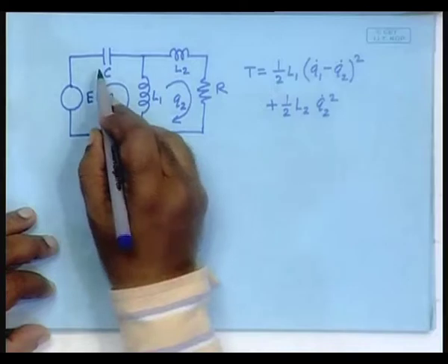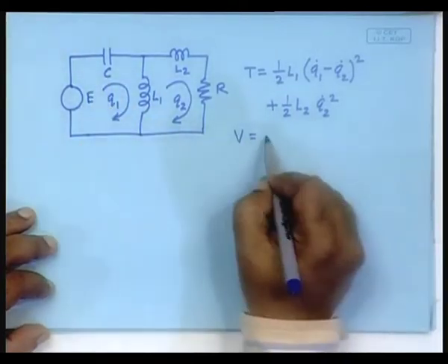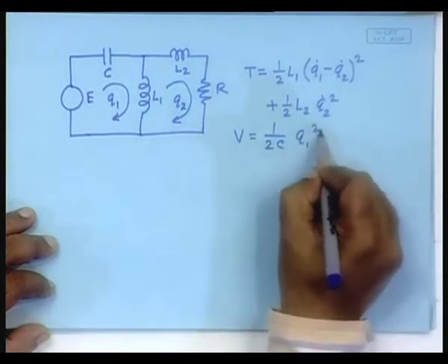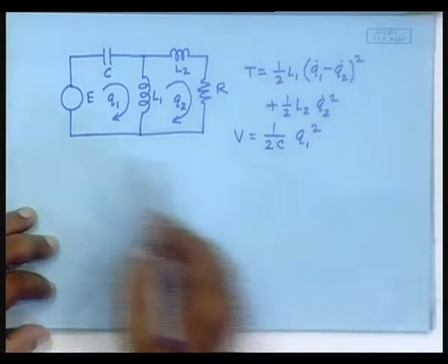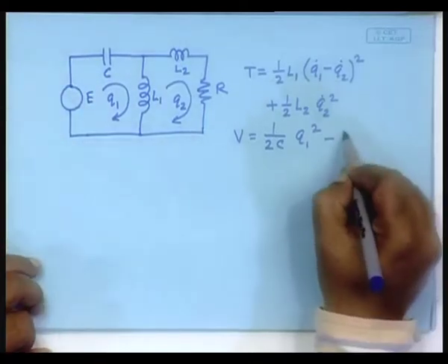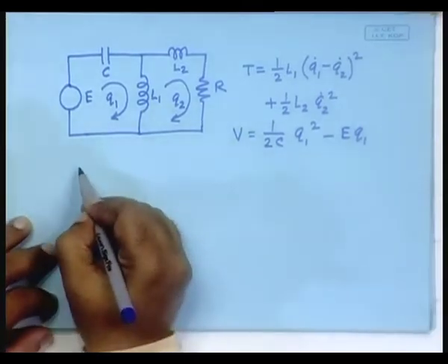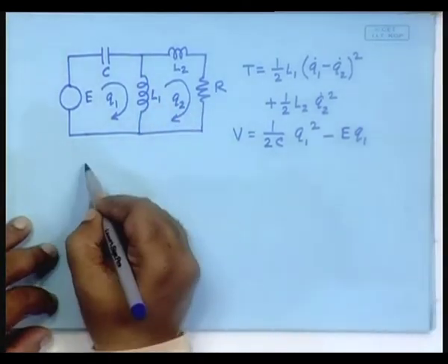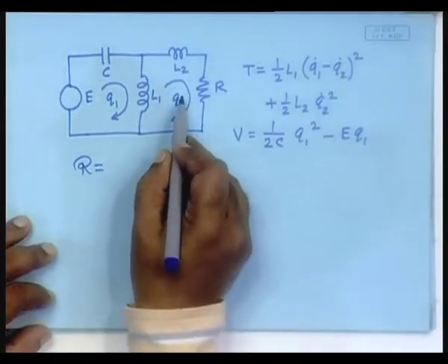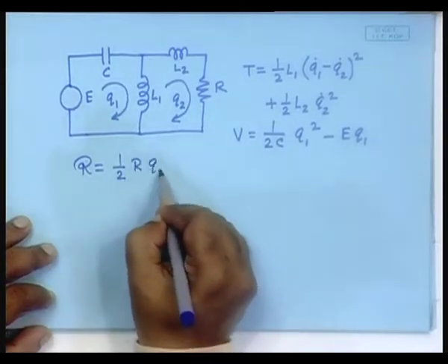The potential here V is 1 by twice C q 1 square. Also, due to this, it will be minus, since it is in the direction of q 1, E q 1. Fine. This time there is a Rayleigh term. In the last problem it was not there, it is only in q 2 direction. So, it is half R q 2 dot square.